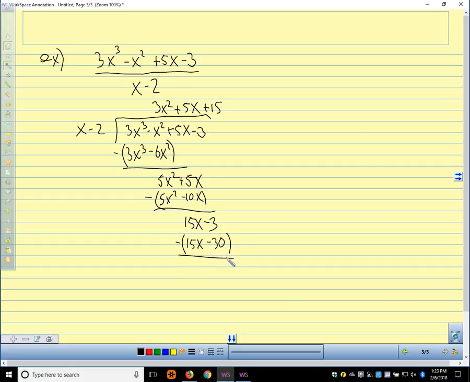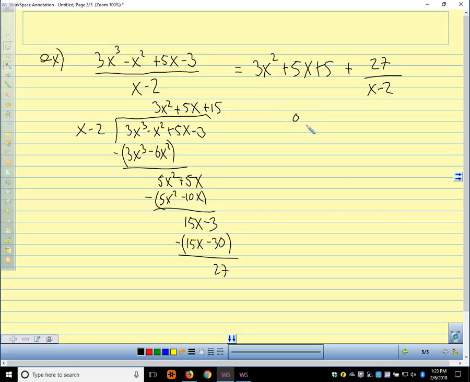I subtract, and negative 3 plus 30 is 27. So this tells me that this equals 3x squared plus 5x plus 15 plus 27 over x minus 2.